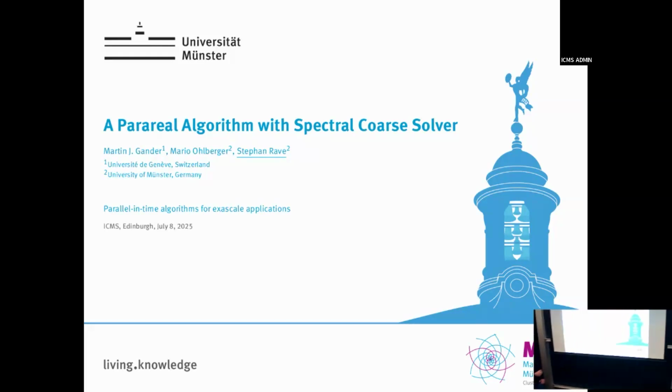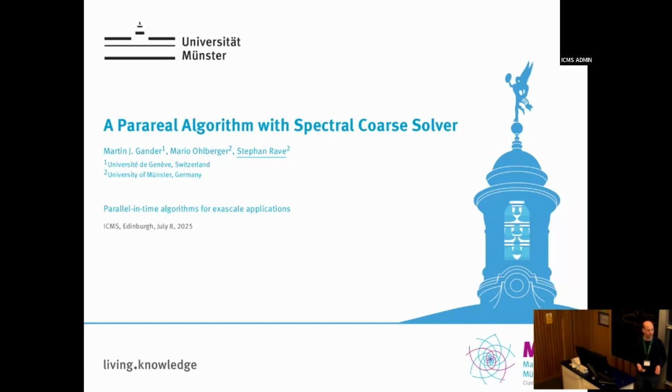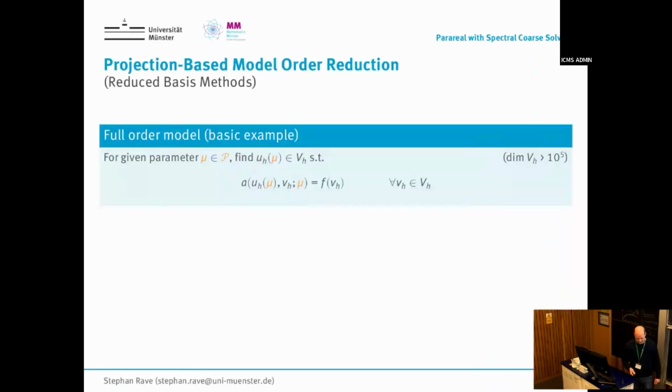Mario and I are the reduced basis guys in this collaboration. So I will start saying a few words about reduced basis methods and how I got interested in this topic from that perspective. So here is the standard reduced basis method in a nutshell for the classical application of elliptic problems.